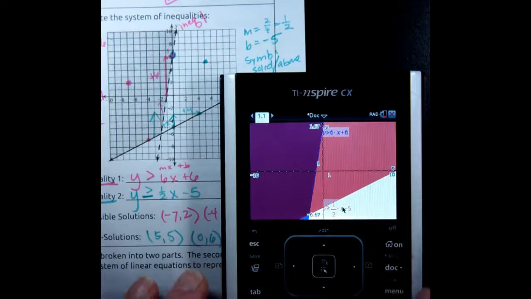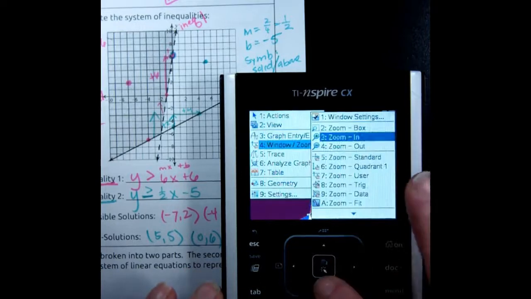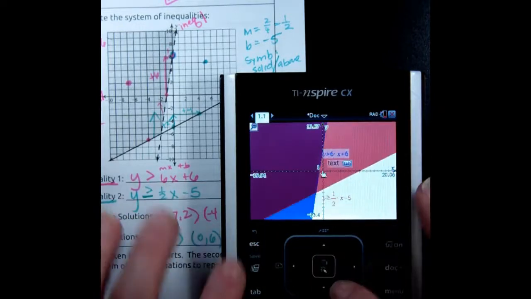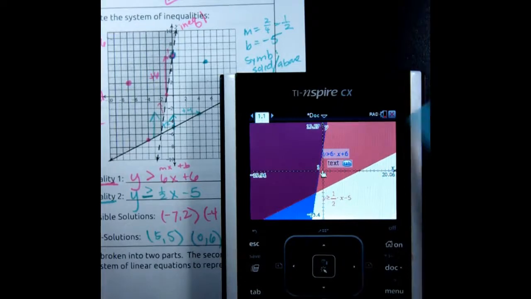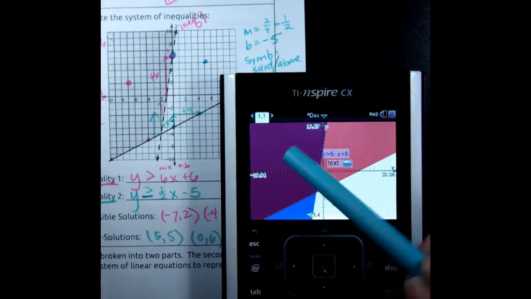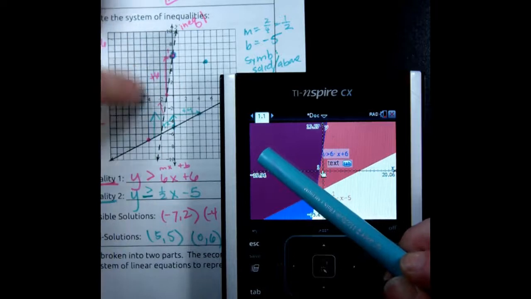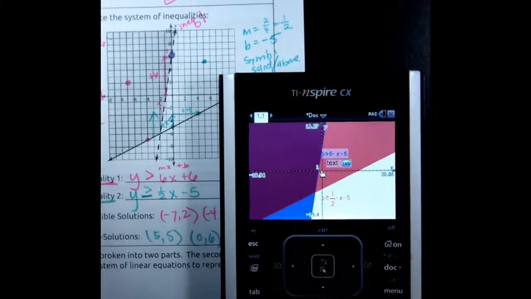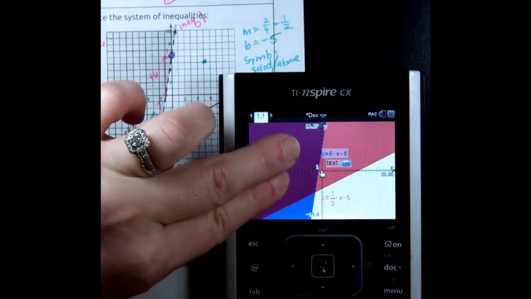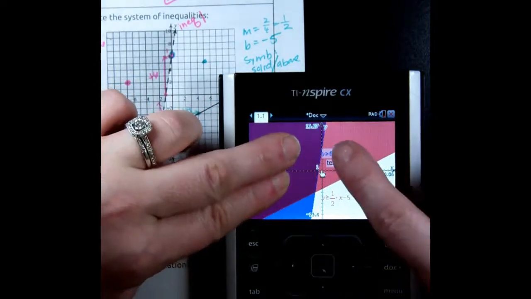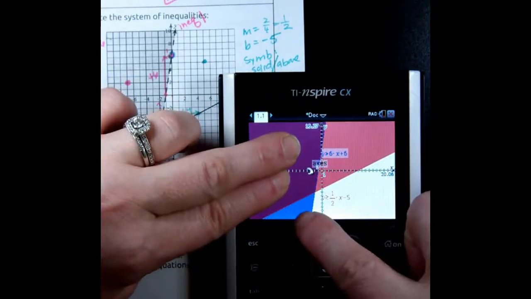So what we'll see here, there we go, is it's shaded everything, but this dark space over here, that's our double shade, and that matches our double shade. Okay, so this over here would be considered the solution set, and everything else is not the solution set because it's not the double shade.